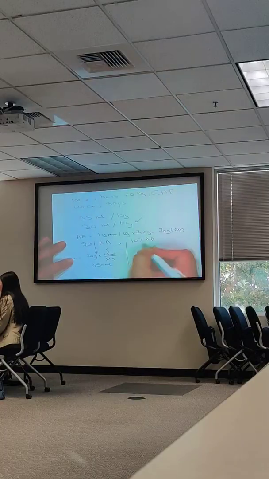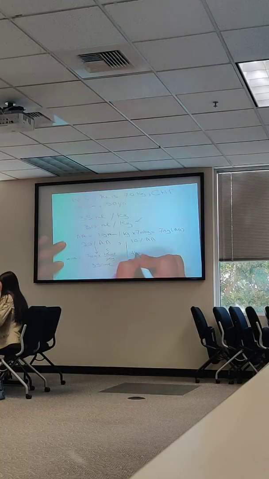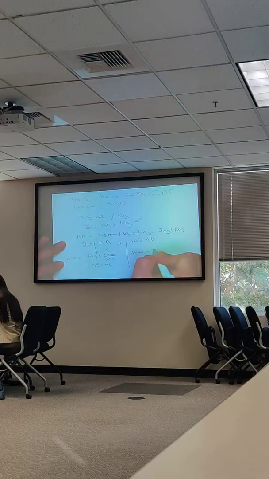If I use the 10%, the number of milliliters equals 70 grams times 100 over 10. So that will be 700 milliliters.